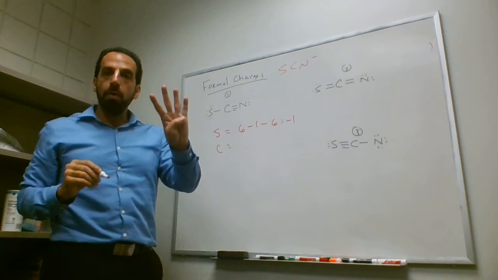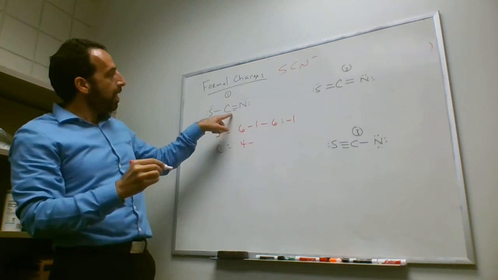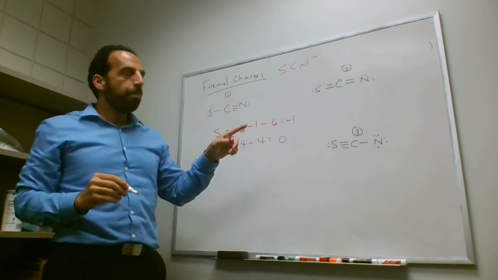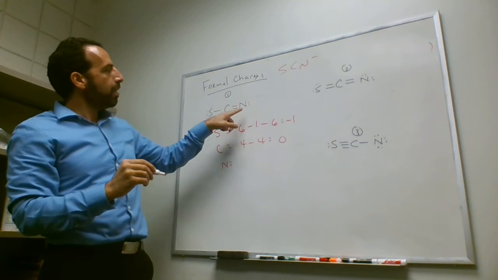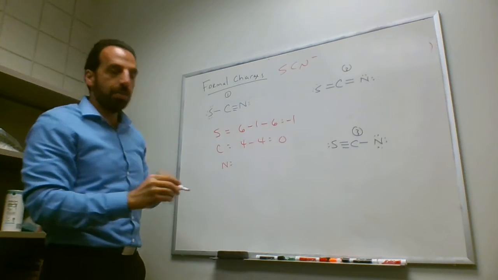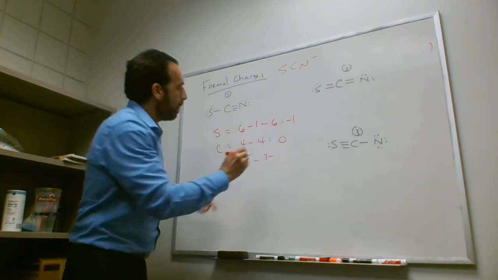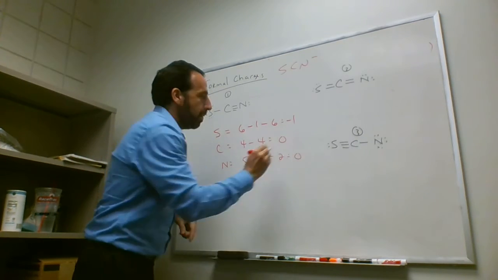Carbon has 4 valence electrons, group 4A. It's got 4 bonds, minus 4. That's 0. Let's do it for nitrogen. Nitrogen has 5 valence electrons, it's group 5A. 3 bonds, and then 2 electrons around it. So that's going to be 0.